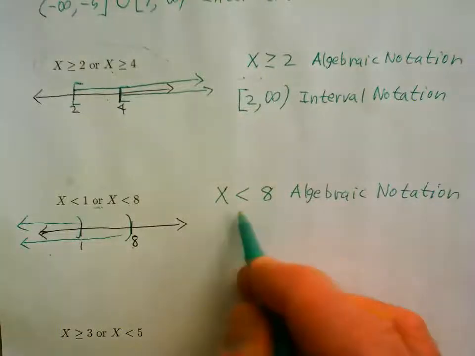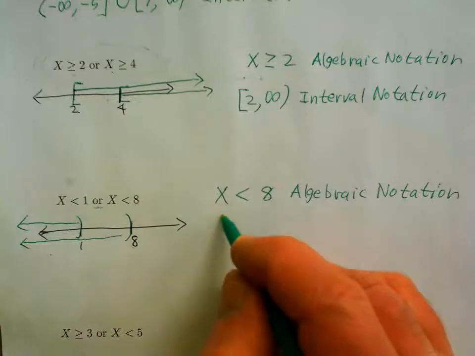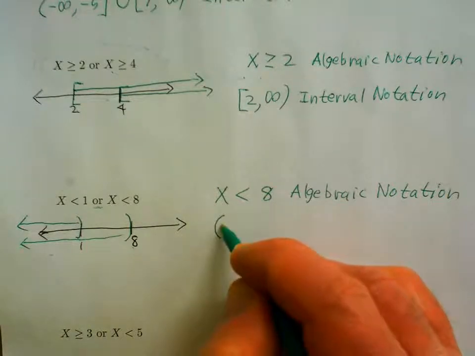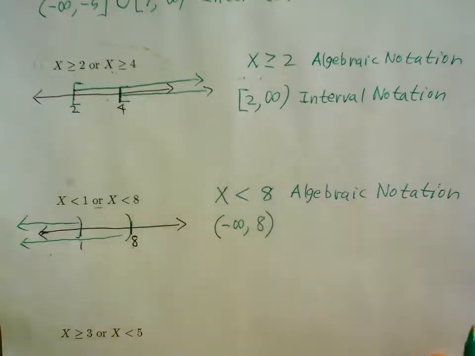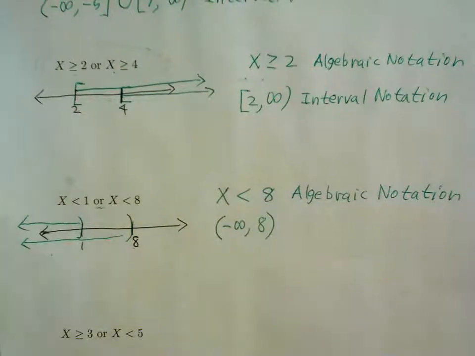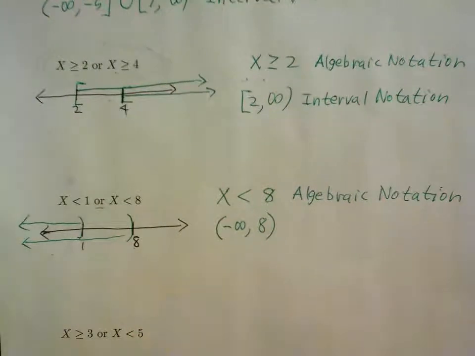And the interval notation, if a number is less than 8, then it's parenthesis negative infinity comma 8 parenthesis. Okay, so the word or means union. It means you're combining all of the numbers that are in the two sets, combining them all into one set.